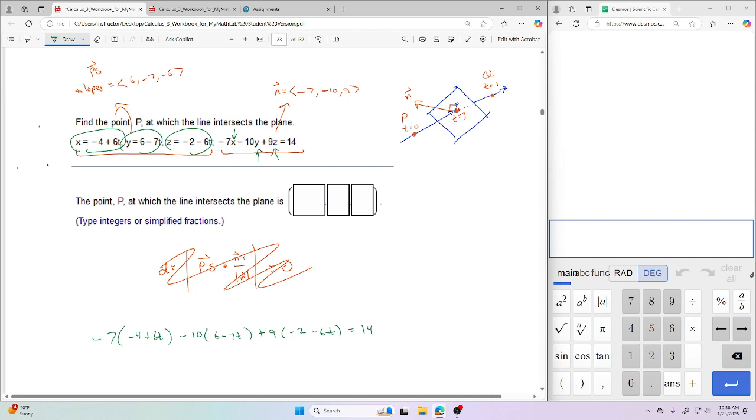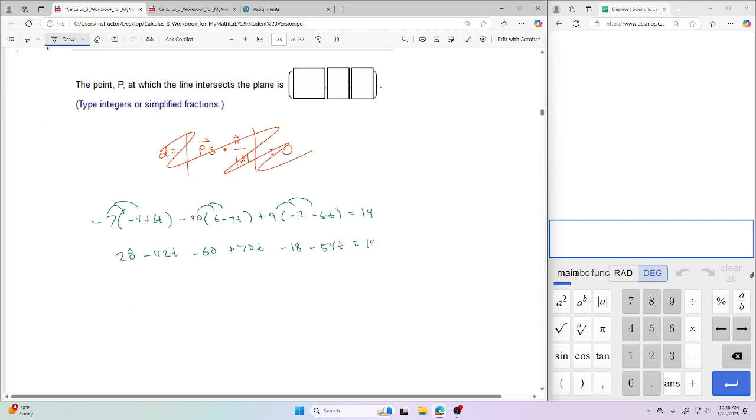You're exactly right, though. It's things that we've done before. This is easy stuff, right? Distribute, combine like terms. That's all easy stuff. So let's do that. 28, and I've got a 42, negative 60, 70t, 54.